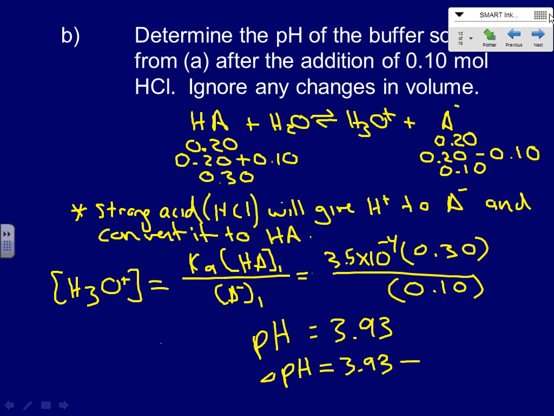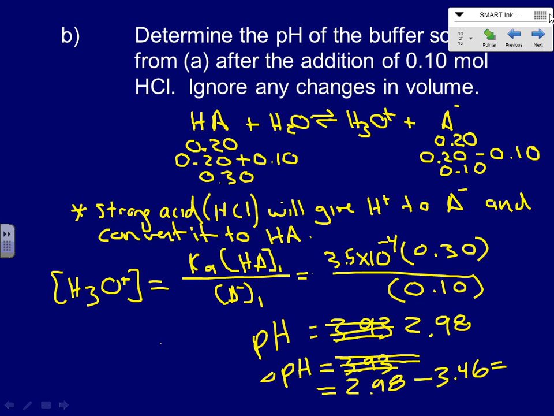We got a mistake? 2.98, and what was that pH from the previous slide before the strong acid was added? Not the buffer, but strong acid. 3.46, 3.46, and could somebody calculate how much the pH has changed by the addition of this strong acid?